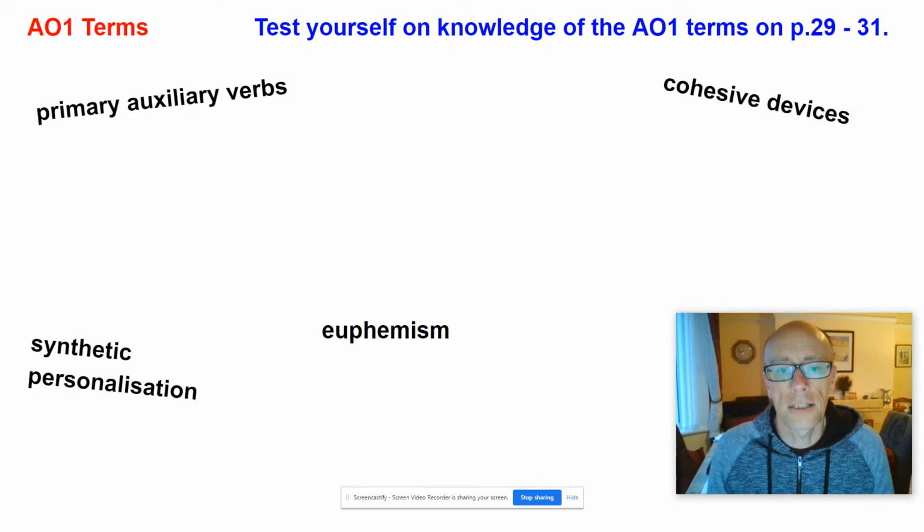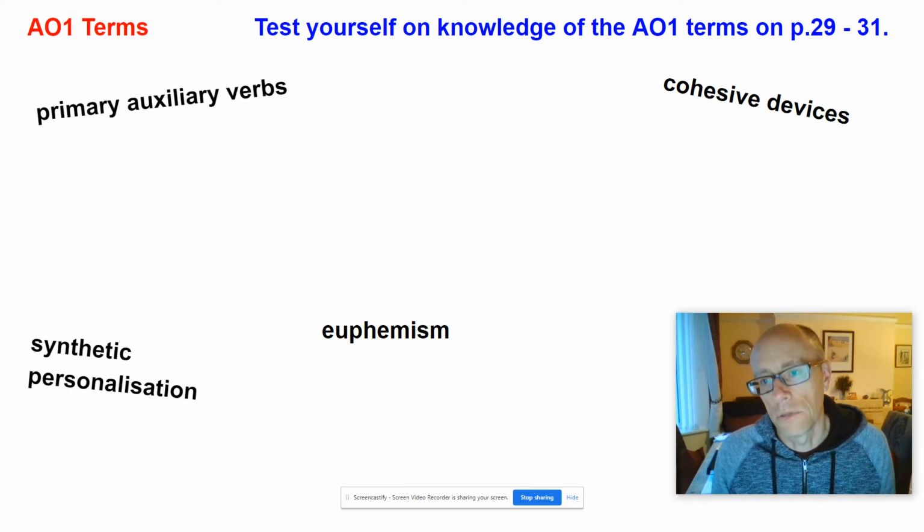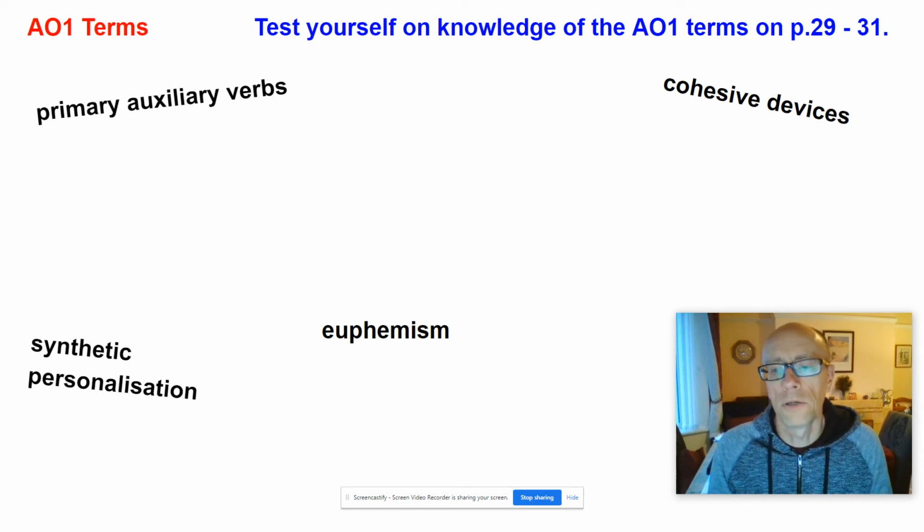So it can be connecting words together, or phrases, or clauses, or sentences, or paragraphs. So you will have learnt about this at GCSE when you learnt words like moreover and furthermore, or where you put together an argument where you went, firstly. So cohesive devices are bits of language that glue together aspects of language.